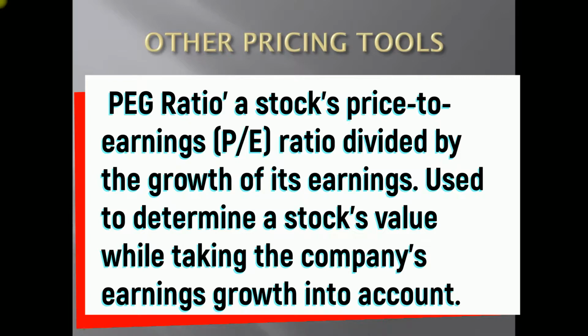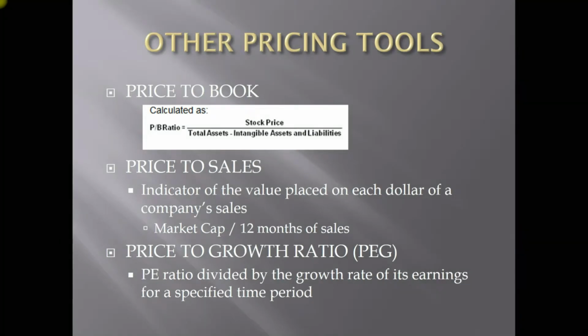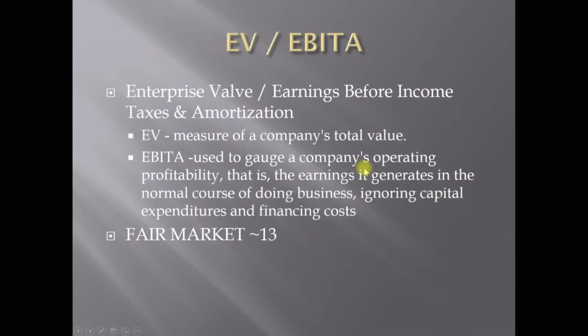When you find a company that has an extremely high price to earnings ratio, it could be being evaluated on a completely different basis, like price to book, price to sales, or PEG ratio. The PEG ratio, as I was saying, is the PE ratio divided by the growth rate of its earnings over a specific time. So basically, if the company is growing a lot faster, then it kind of deserves a higher price tag because of its growth potential.